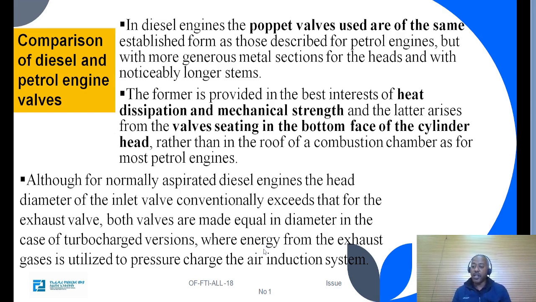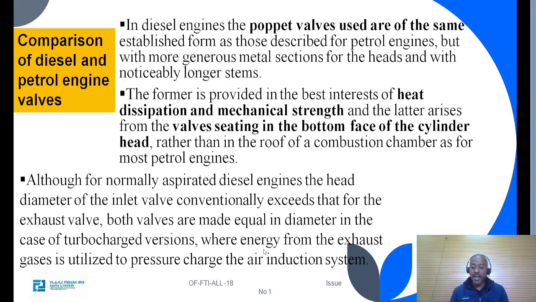Comparison of diesel and petrol engine valves. In diesel engines, the poppet valves used are of the same established form as those described for petrol engines, but with more generous metal sections for the head and with noticeably longer stems. The former is provided in the best interest of heat dissipation and mechanical strength, and the latter arises from the valve sitting in the bottom face of the cylinder head, rather than in the roof of a combustion chamber, as for most petrol engines.